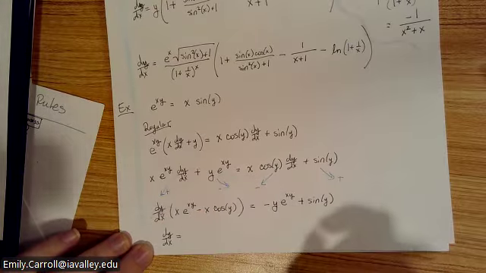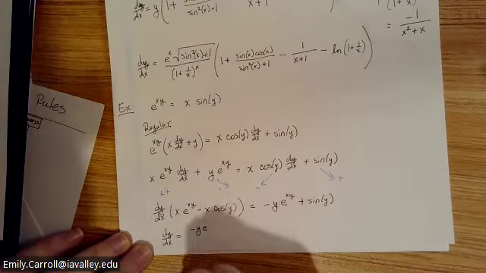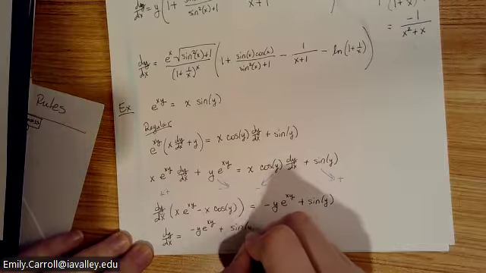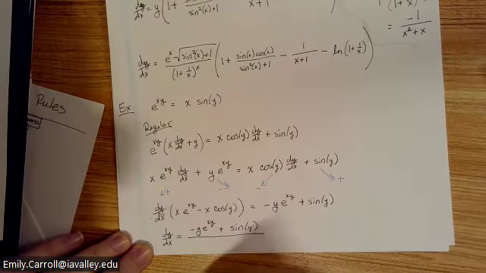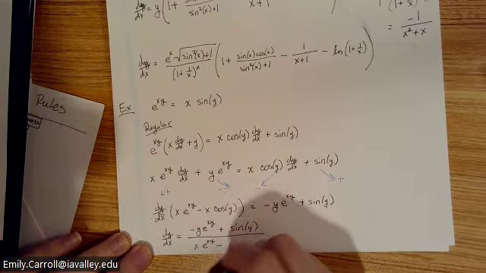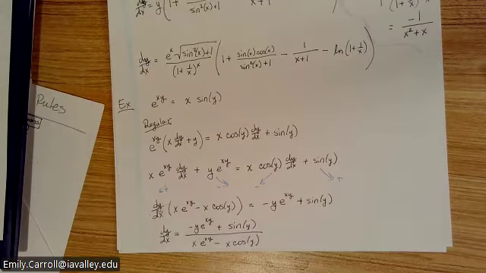So we have dy dx equals negative y e to the xy plus sine of y over x e to the xy minus x cosine of y. And I don't think there's anything we're going to be able to do to simplify that.